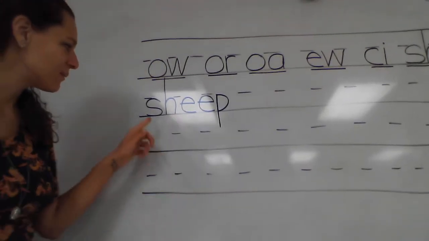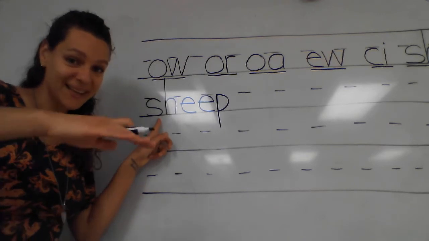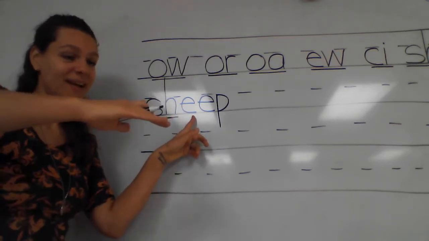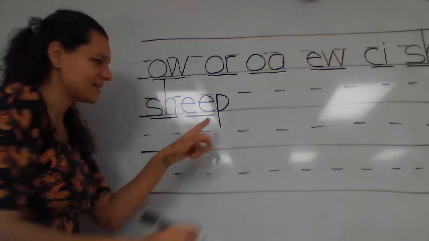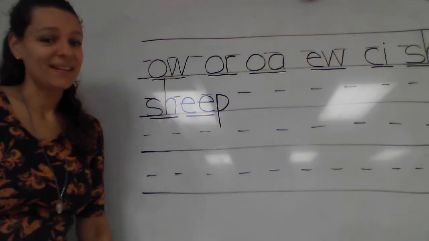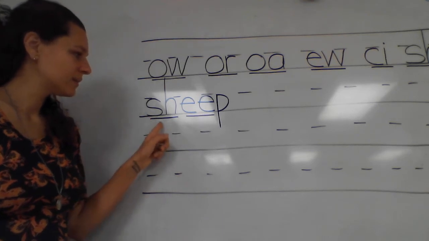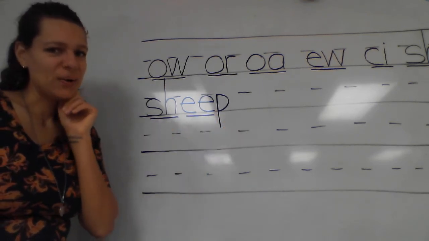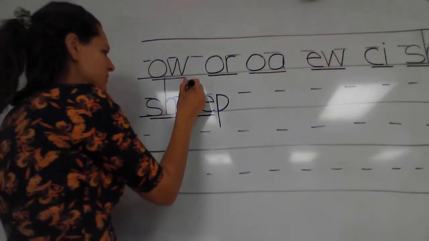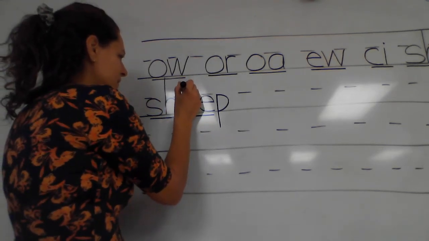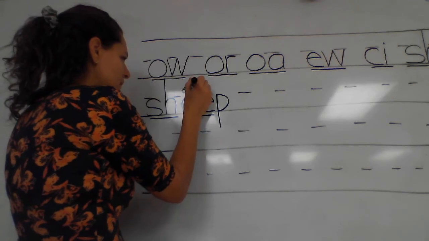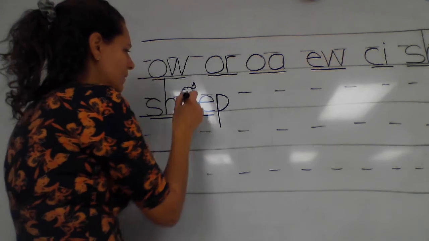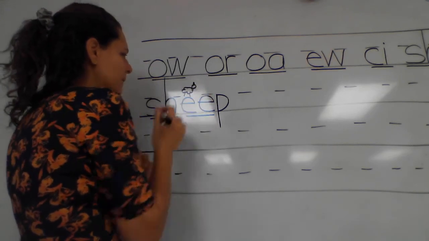All right, let's mark our word. Good, we need to underline. How about this one? Good. And this one? All right, let's read our word. Good. Okay, it says we can draw 2 little sheep, one on top of each E, to show that we're using E-double-E.